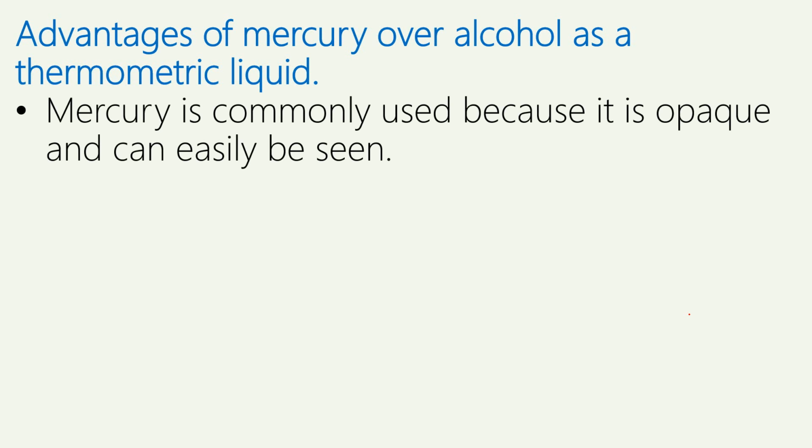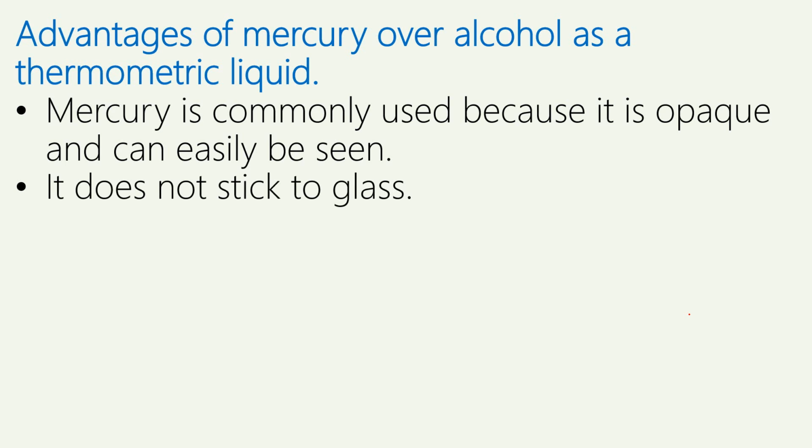Number one, mercury is commonly used because it is opaque and can easily be seen. It doesn't even need coloring. By the color of mercury, you can easily see where the meniscus ends, where the mercury thread ends, so you won't make errors. So mercury is opaque. Reason number two, it does not stick to the glass because of the greater cohesion than adhesion for mercury.